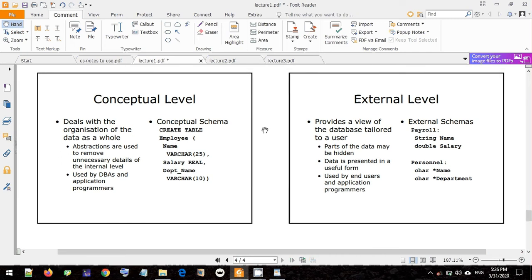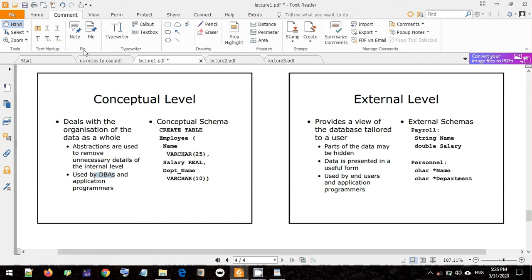Conceptual level. It deals with the organization of data as a whole. It provides an abstraction for the user, and it hides some unnecessary details of the internal level. This level is used by database administrators, DBAs, and application programmers.